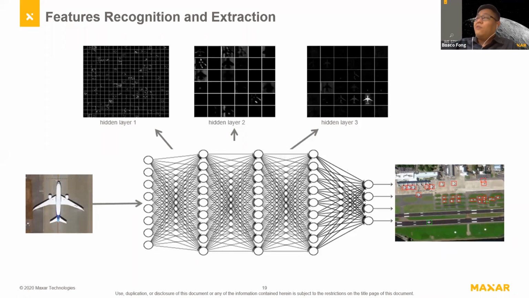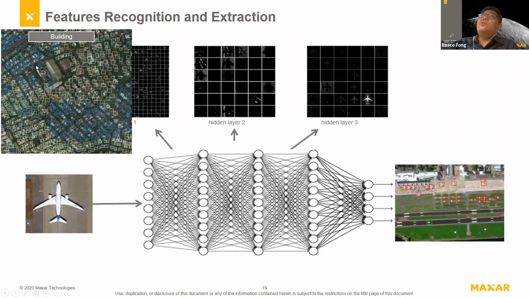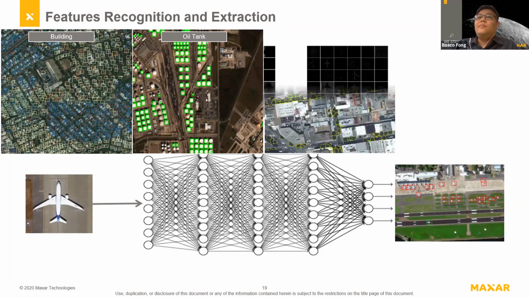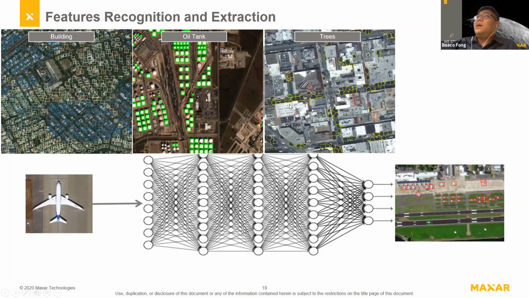For example, some of the objects that we are able to extract. If I want to extract all the buildings, we can use AI and ML technology to get this kind of information. And to recognize the oil tank, this example use case uses satellite imagery to recognize the oil tank. Second one is to extract the tree, this is the individual tree extraction.